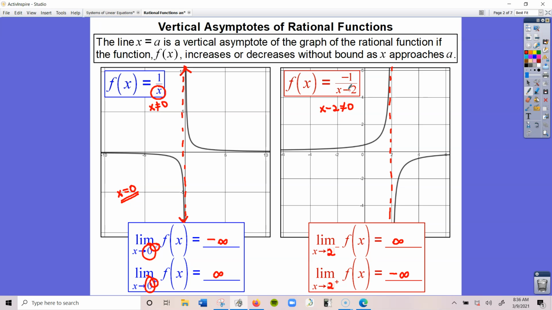See here, if I set x minus 2 does not equal 0, and I add 2 to both sides, I get that x cannot equal 2. And that's because we have a vertical asymptote there that the function will never touch. So that's a clue as to how to find vertical asymptotes.